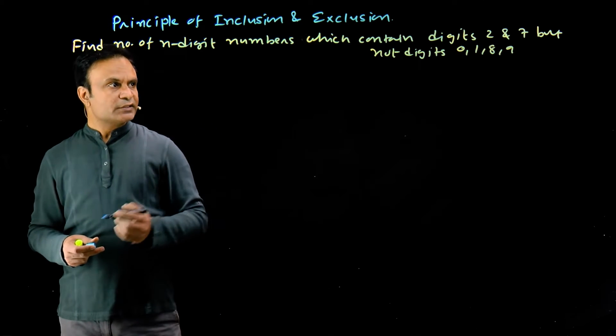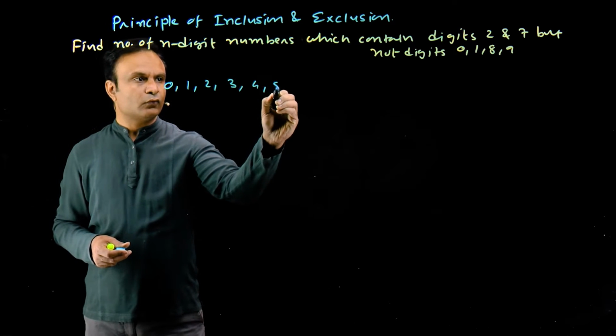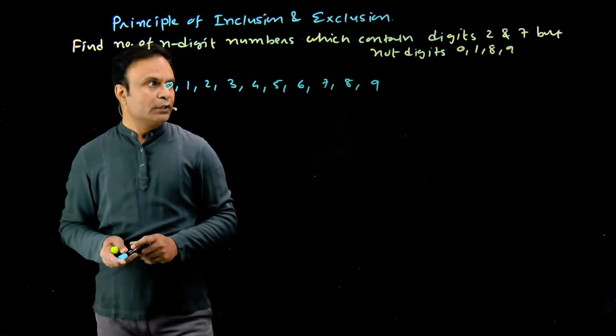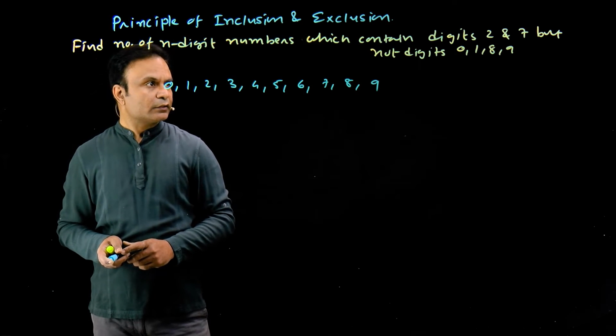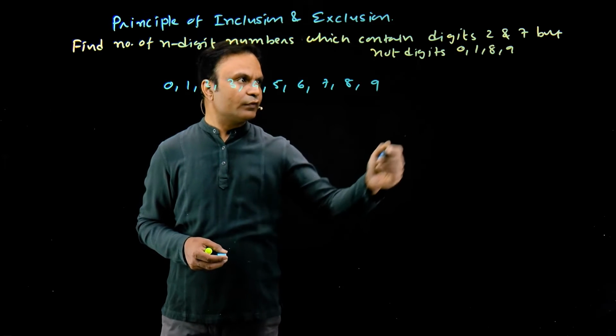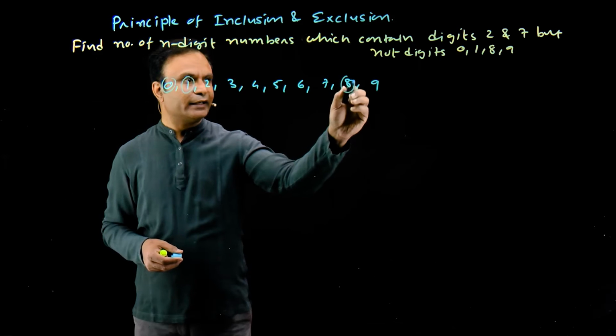Let's first of all list down 10 digits 0, 1, 2, 3, 4, 5, 6, 7, 8 and 9. Now number does not contain any of these 4 digits 0, 1, 8 and 9. So I am blocking this 0, 1, 8 and 9.